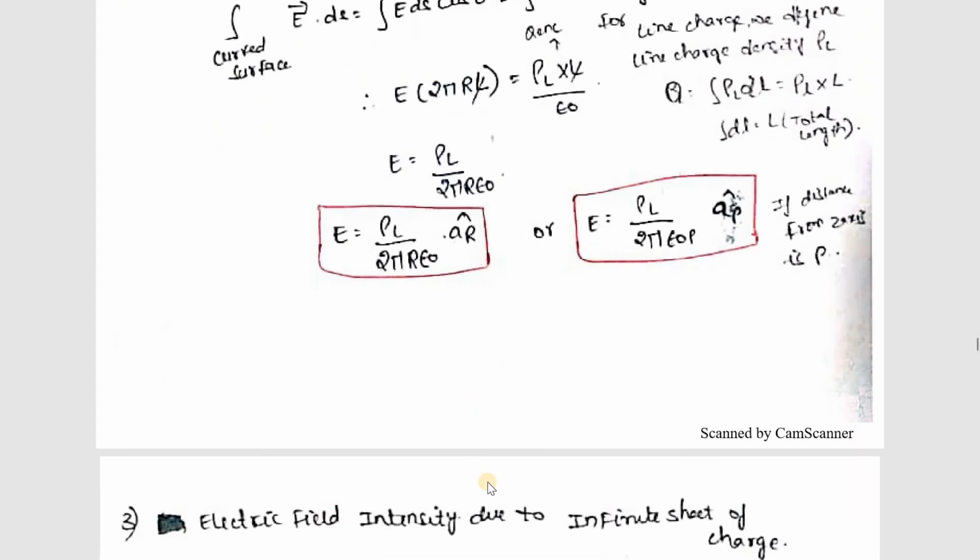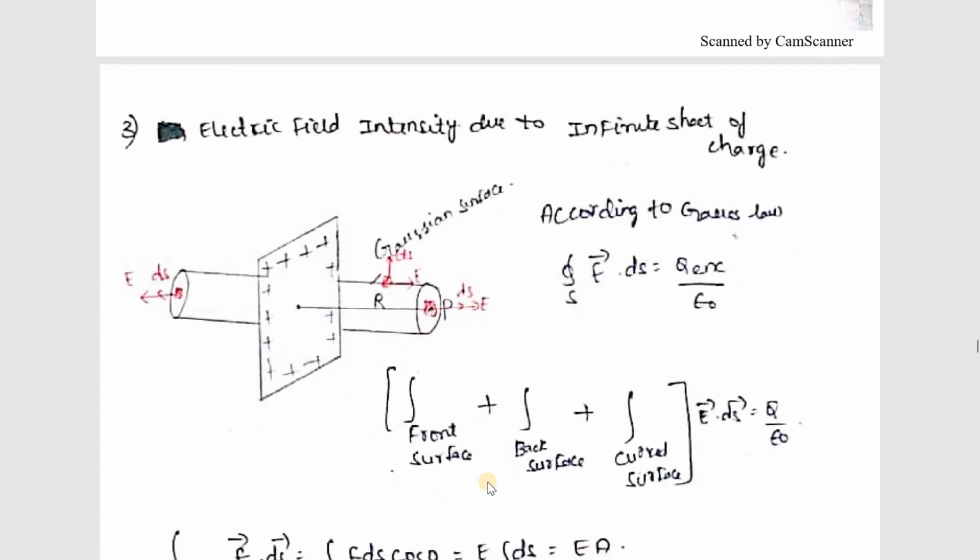Okay. Now, electric field intensity due to infinite sheet of charge. So you have an infinite sheet of charge. Here also we take the Gaussian surface as the cylindrical surface, but now the cylindrical surface is placed in this manner. Now when you see, we have two sides.